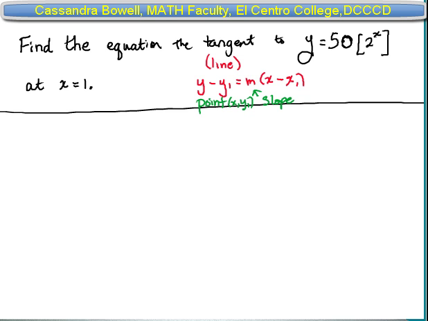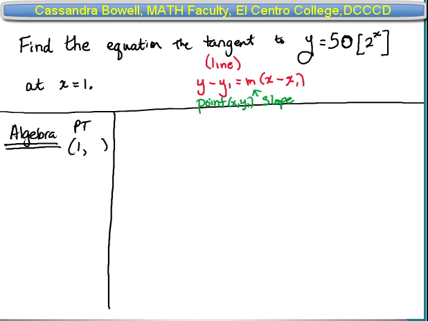So getting the point is an algebra problem. It's the algebra and the calculus here. So the algebra is that the point that I need is 1 comma something, but I don't know what that something is at this point. So I have to do the algebra to find out what the y value is there.